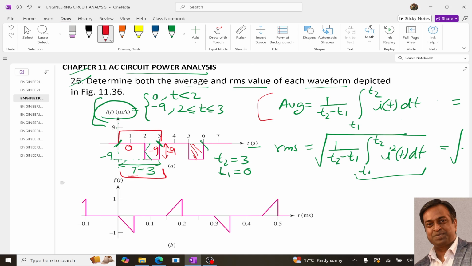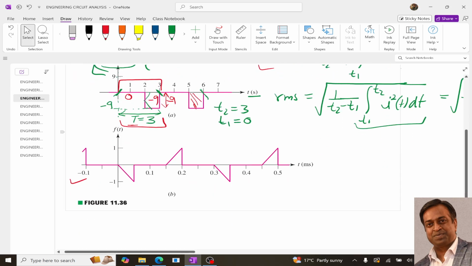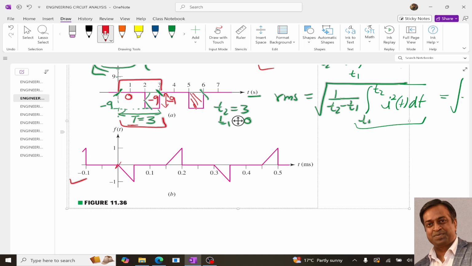Now coming to the second part of the question, which is this. Over here again we need to first determine the time period, meaning after which time the wave is repeating. Now if you look at this particular waveform, it is starting from this point, right?